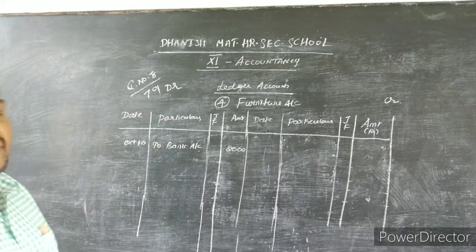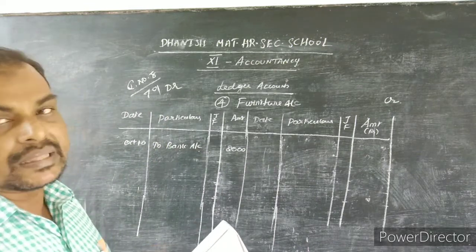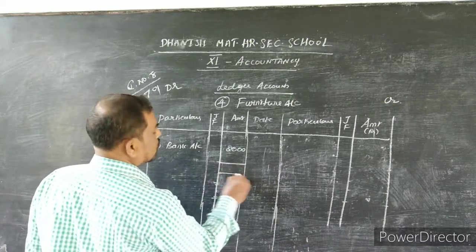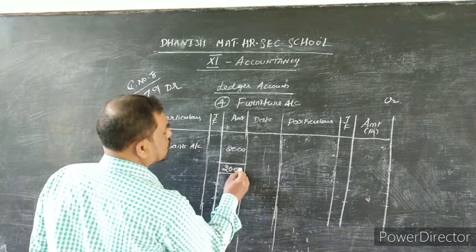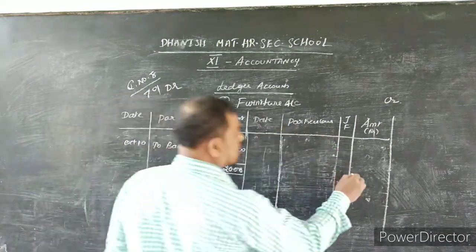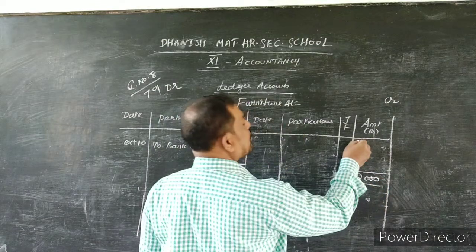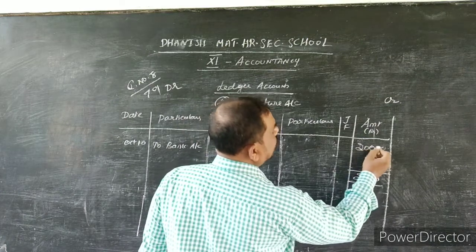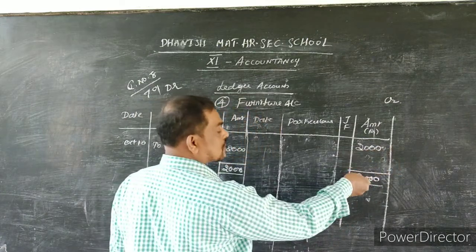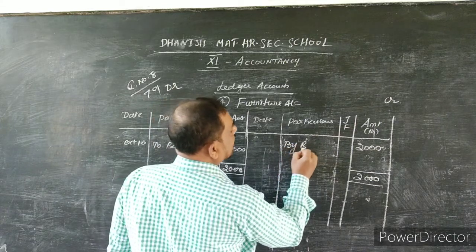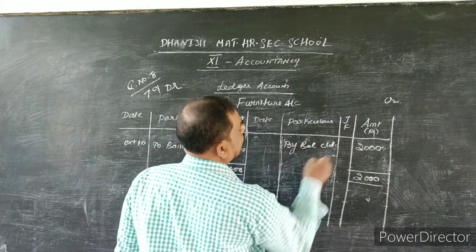Is any other furniture available in this journal entry? No, nothing. So we have to close the account. Here 2,000 is there and nothing on the other side, so the same 2,000 rupees will come here as the closing balance by balance carried down.